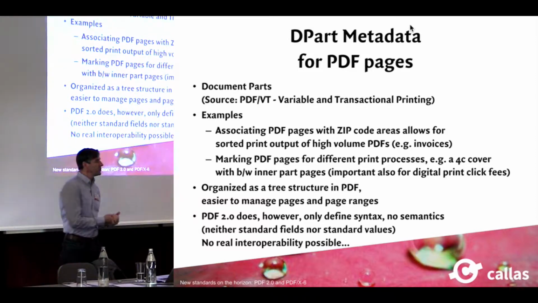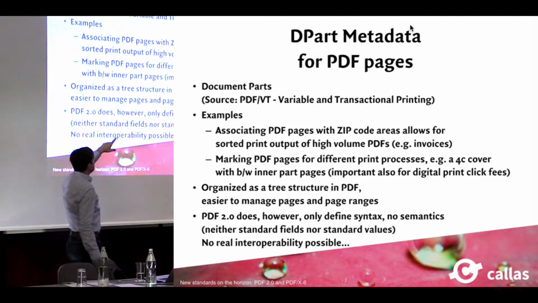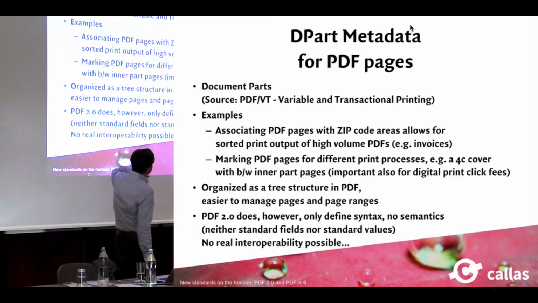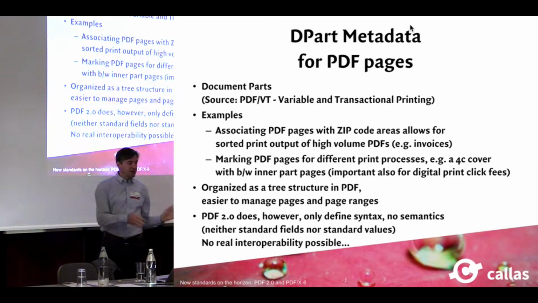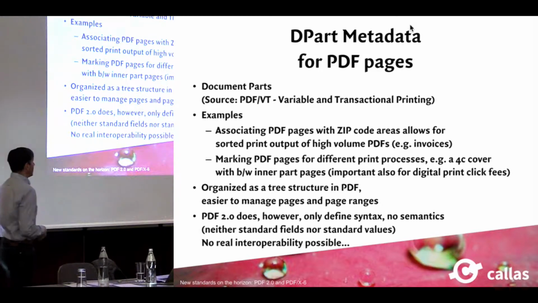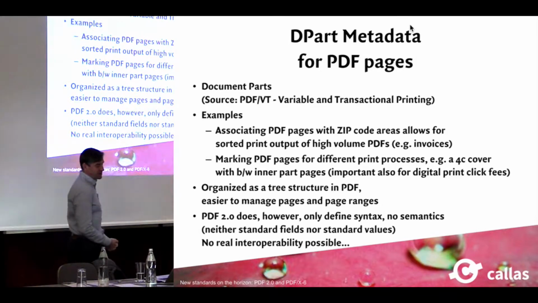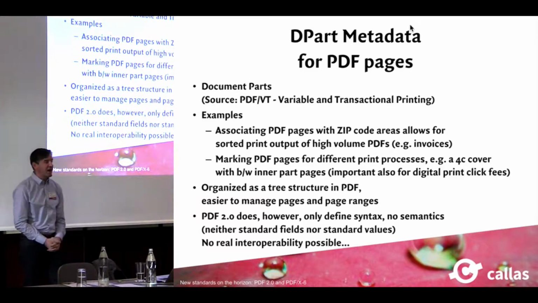You could as well use that mechanism in order to assign different metadata. For instance, here there is an example to say this page is intended to go to a 4C printing process, a color process, while other pages in your PDF files go to the black and white printer.